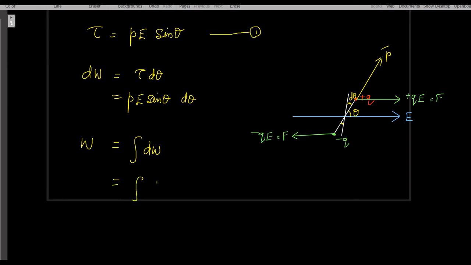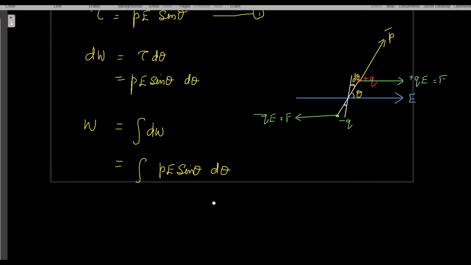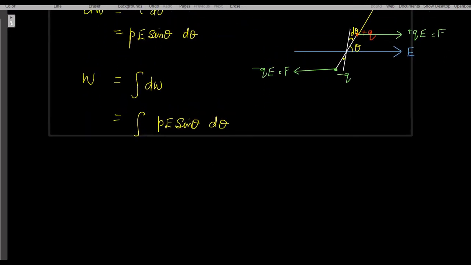That is PE sin theta d theta. On integrating, we can get the total work done W, integrating over the angle from 0 to theta.